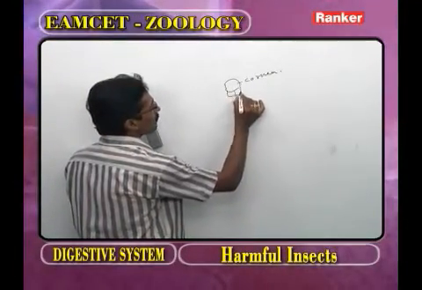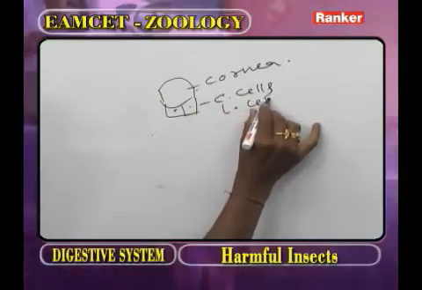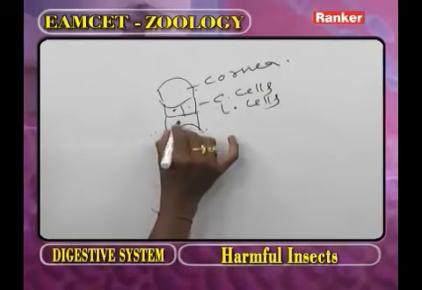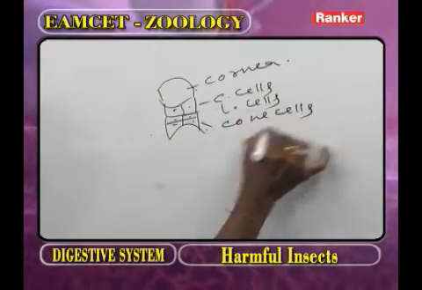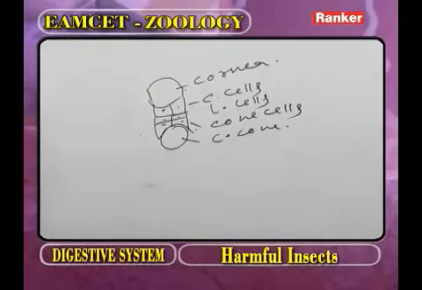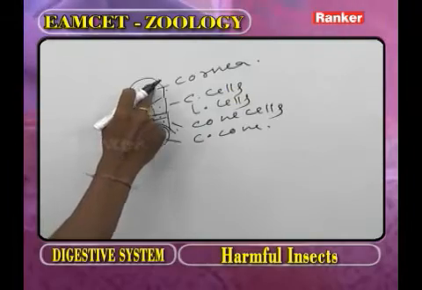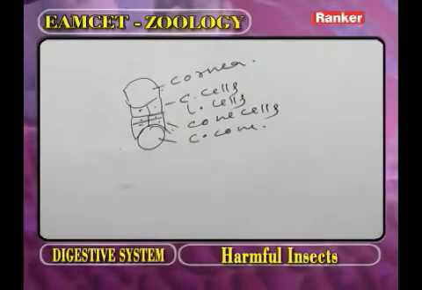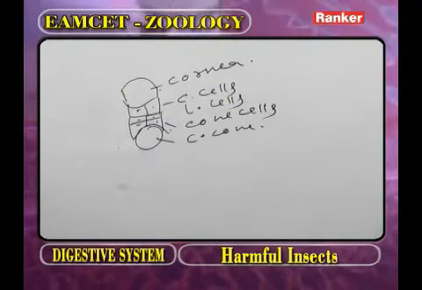It is followed by Carnegian cells or the lenticular cells, and it is followed by the cone cells or vitrellae, and it is followed by the crystalline cone. Up to this you have to observe the arrangement: cornea, Carnegian cells, cone cells and crystalline cone. This is one arrangement of the question from anterior to posterior.